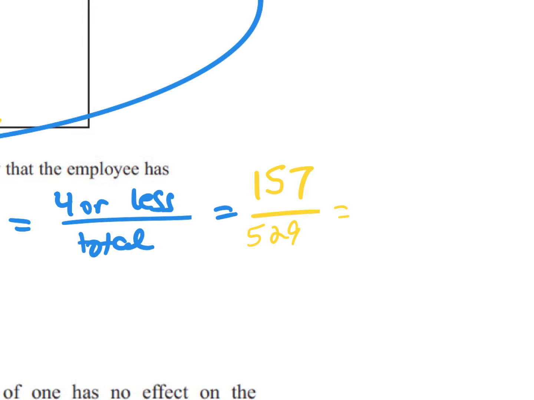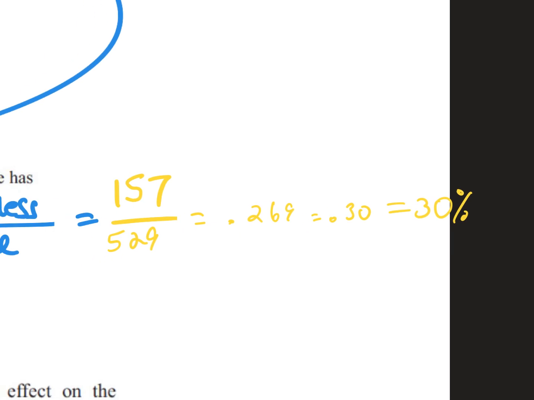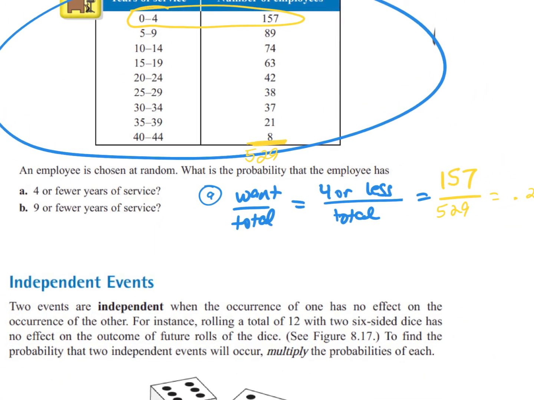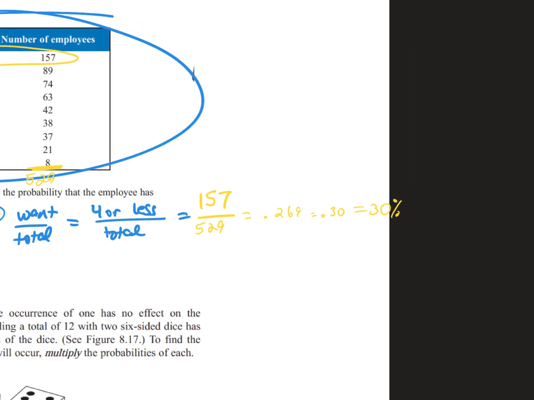So if I wrote that as a decimal, it's 0.269, which is about 0.30. What is that as a percent? 30%. Oh, I wrote it backwards. I'm sorry, it was 0.296.